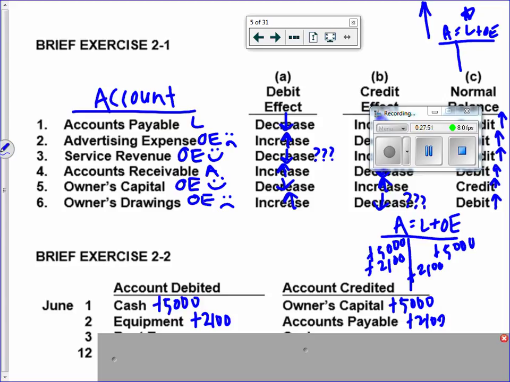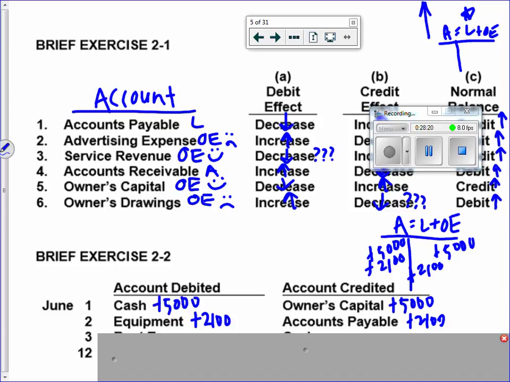June 3rd, $800 cash is paid to landlord for June rent. What do we know is the credit this time? What went down? We actually are crediting cash, and cash is king to me. I always start with, if it's cash related, is it debited or credited? Going up or is it going down?